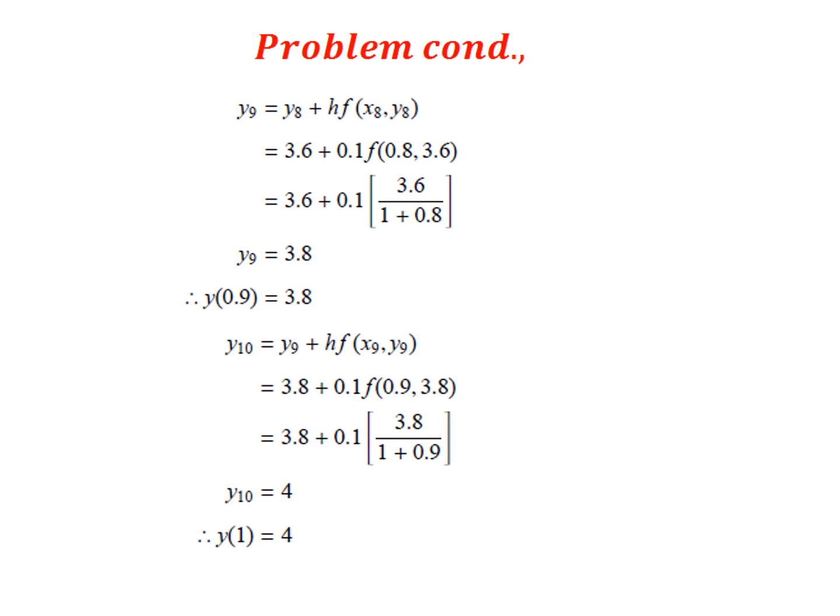This simplification gives y10, which means 10th iteration, 4. This is y of 1 value, because x10 is nothing but 1. So therefore, y of 1 is equal to 4. This is our final value.